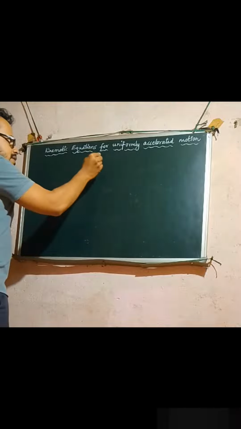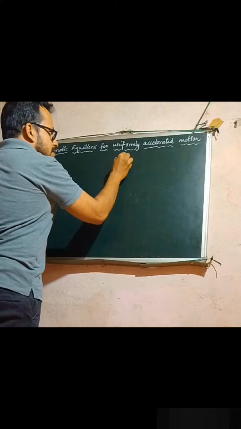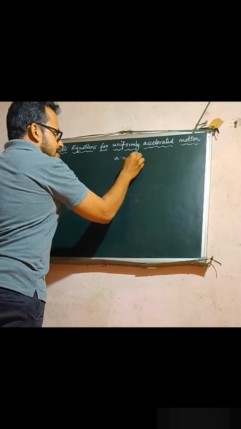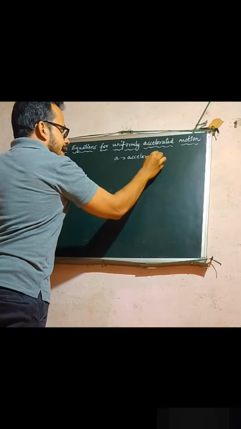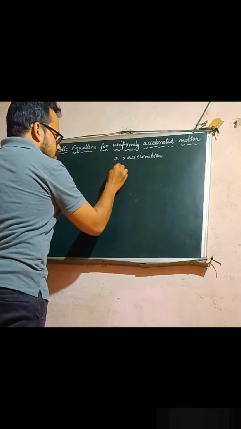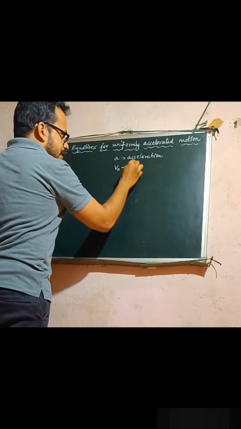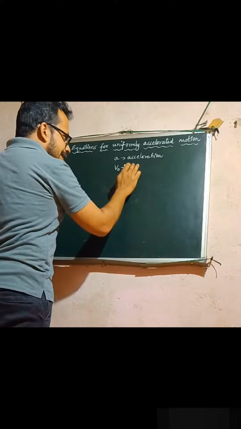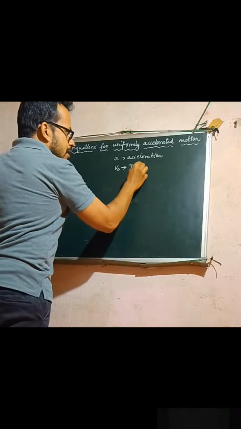Let me consider small a is the acceleration, and I will consider the body had an initial velocity of v0. So v0 is the initial velocity.